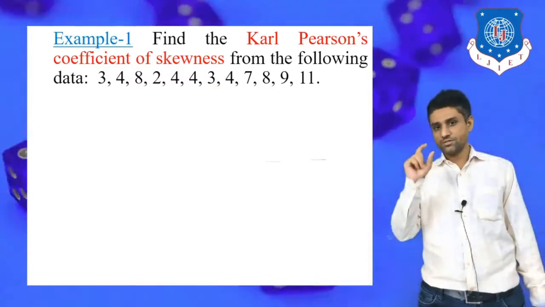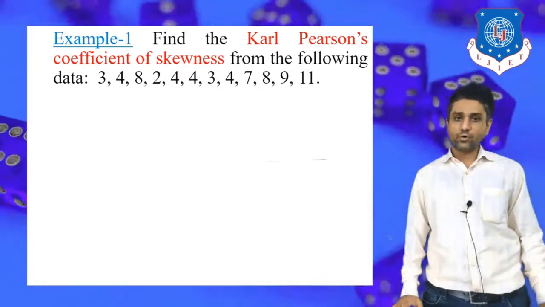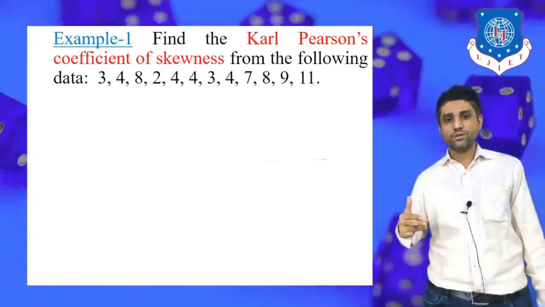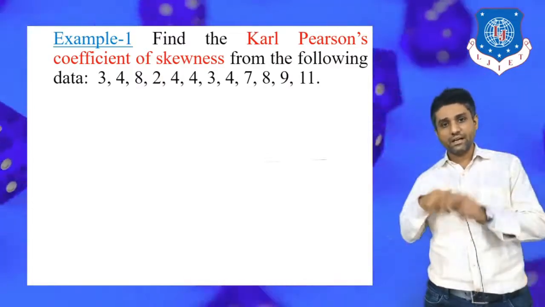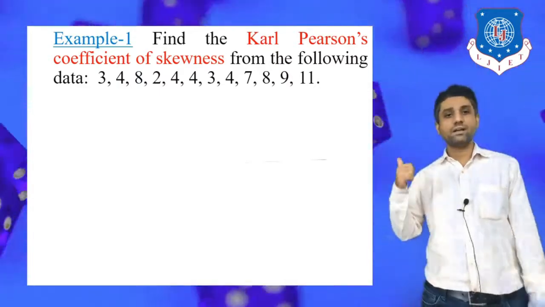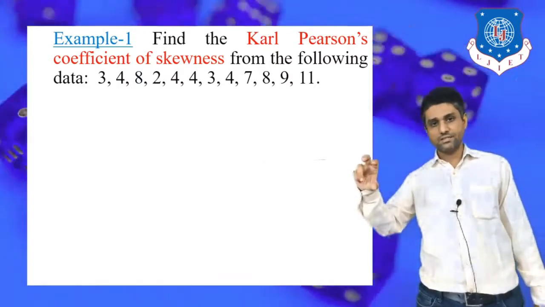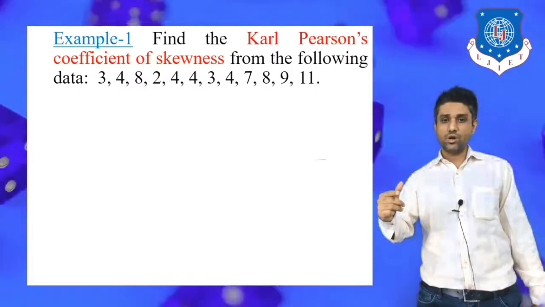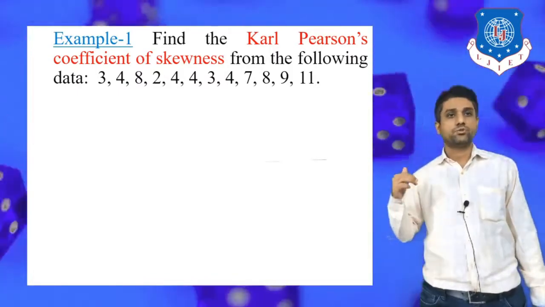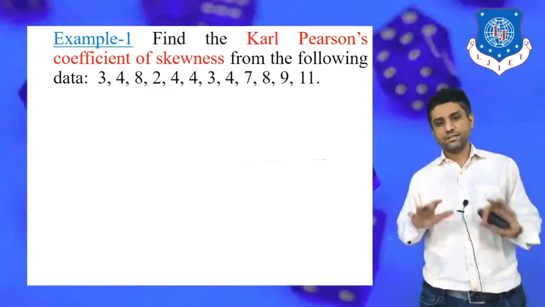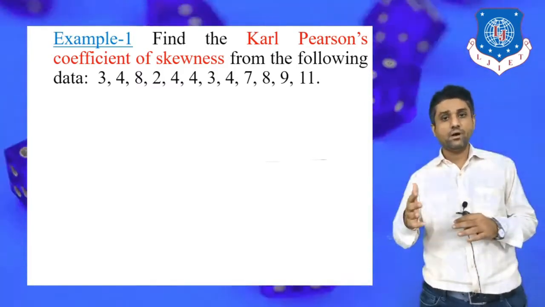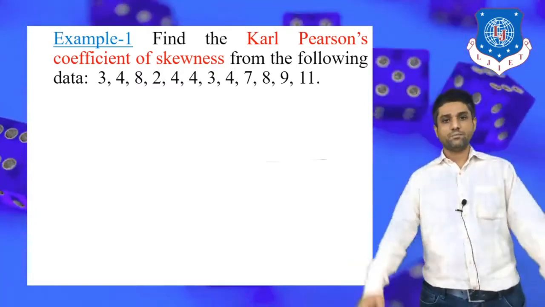The first digit is 3, but it does not give any information on how many times the number 3 occurs. As we have studied at schooling level, when only observations are given and the corresponding frequency is not given, this type of data is known as ungrouped data. So in this first example, we see how to find the Karl Pearson coefficient when ungrouped data is given.